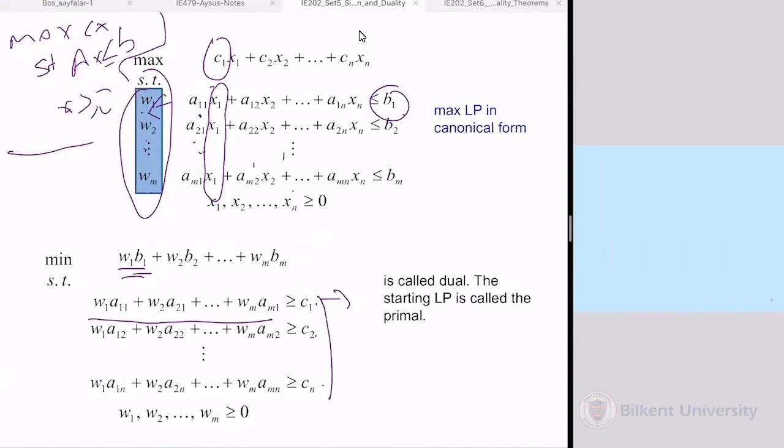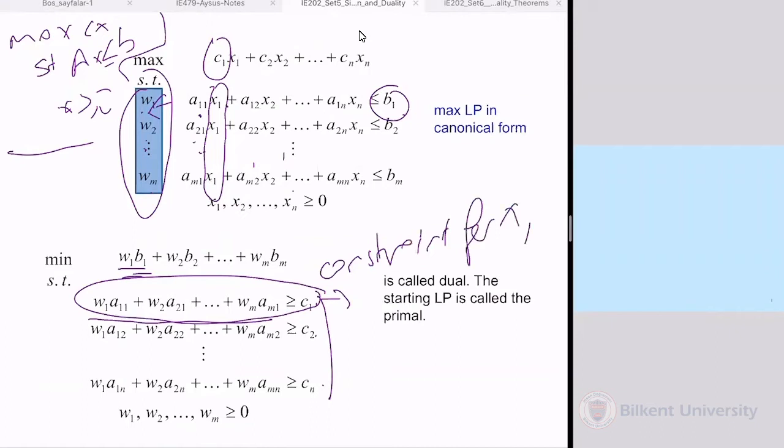Okay, so the variable x1, this is the constraint for x1. Constraint for x1, all right? This is the constraint that we have written for x2.